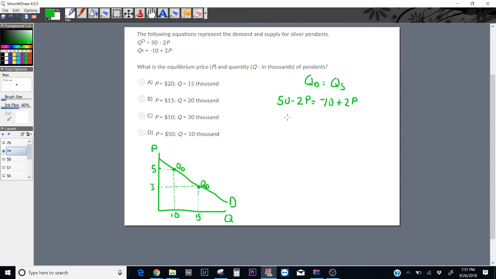Alright, so let's solve for p. Now I hate dealing with negatives, so I'm going to add 2p to both sides. So I'm left with 50 is equal to negative 10 plus 4p. Then next we're going to add 10 to both sides.